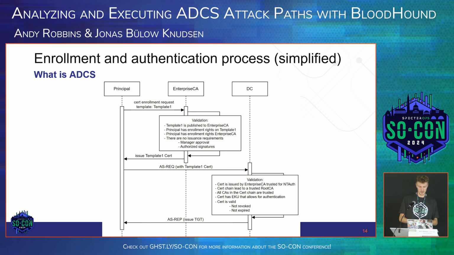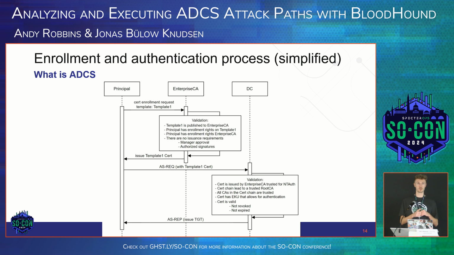And if so, does this principal have the enrollment rights on the certificate template to actually allow for enrollment? Also, I'll need to have enrollment rights on the enterprise CA itself. And then we'll also, of course, check these issuance requirements that I talked about before. If all these things align, then I'll get the certificate that I've requested.